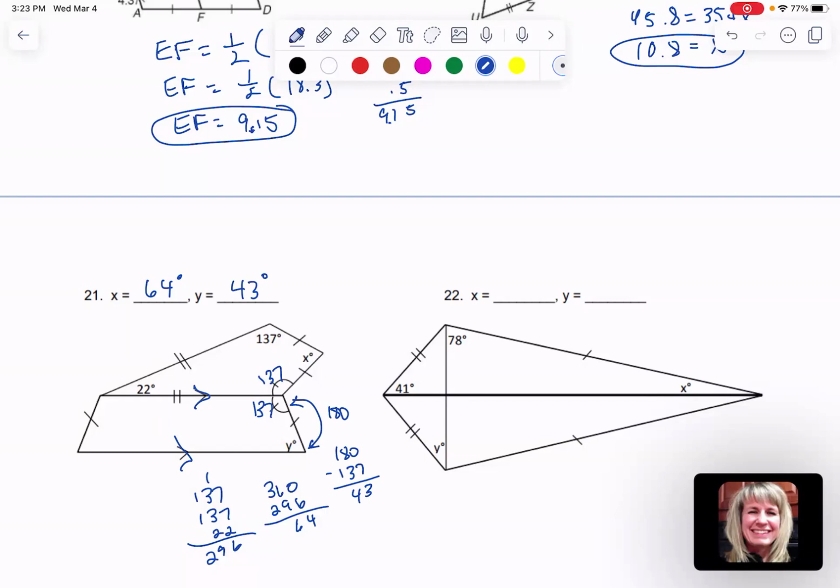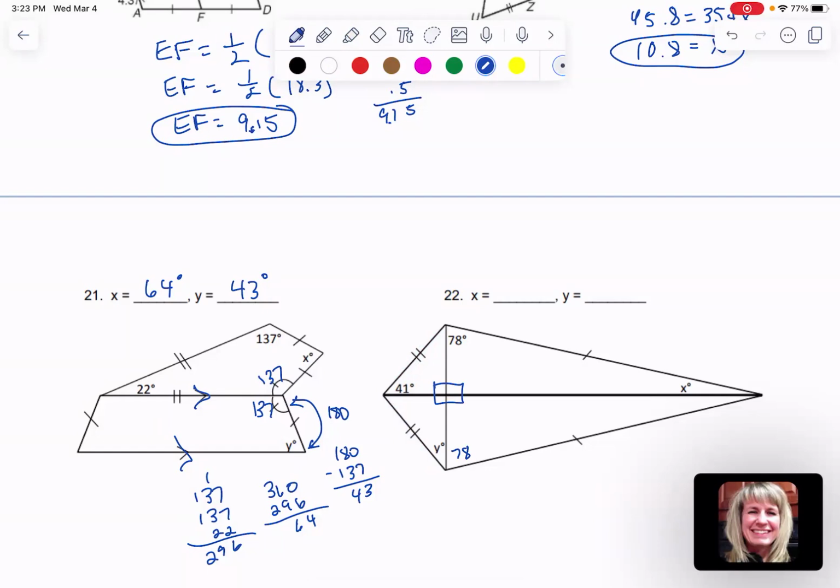Over here, I know this is a kite because my consecutive sides are congruent right here and here. And so because of that, I know it's a kite. And so we can say that this angle here is 78 as well. These are right angles right here.